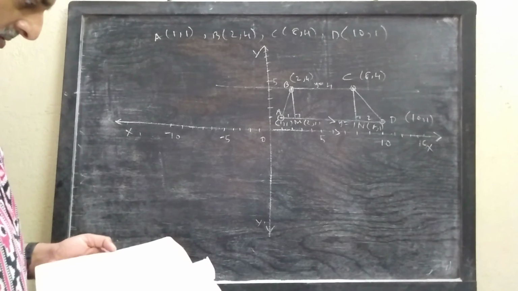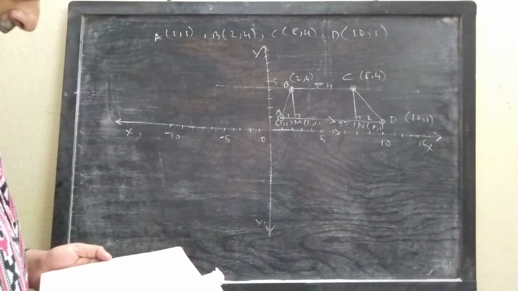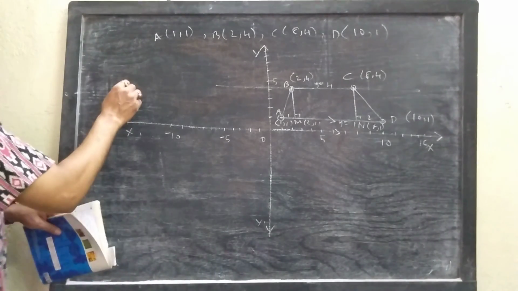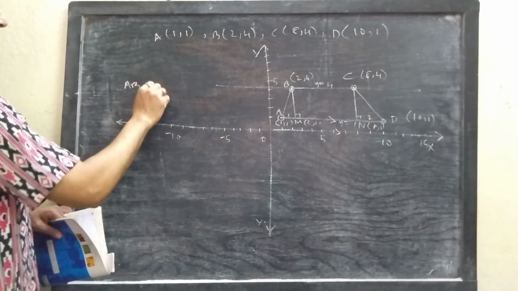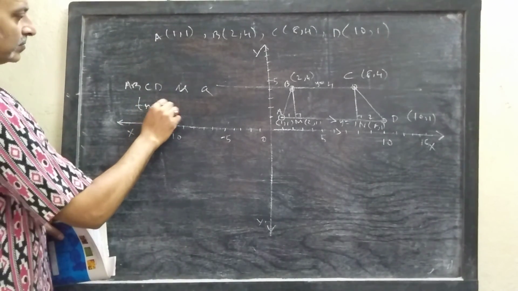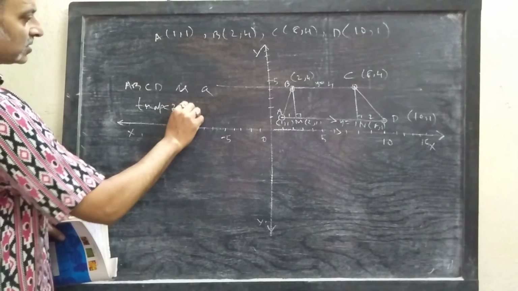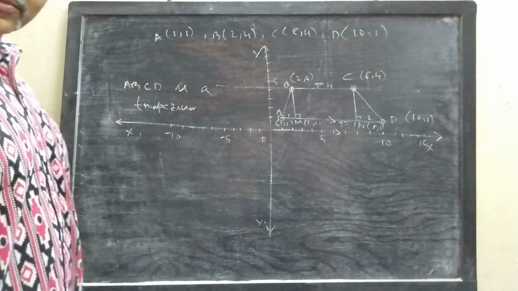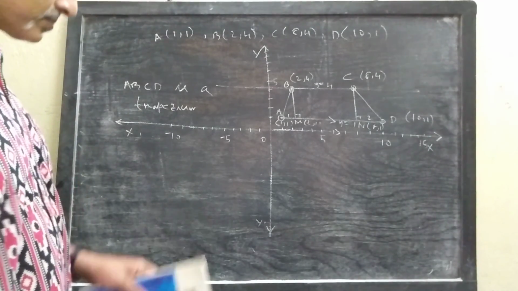Okay. So you are asked to draw the quadrilateral and you have to name the quadrilateral. So here ABCD is a trapezium, but it is not isosceles because these two triangles are not congruent. So AB is not equal to CD. Okay.